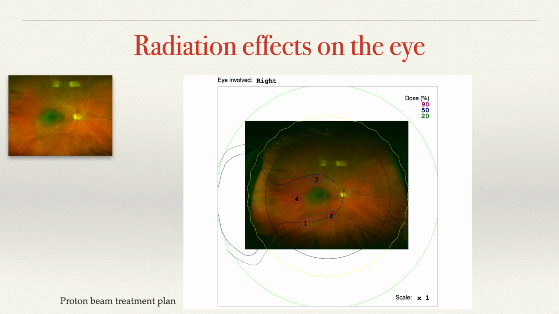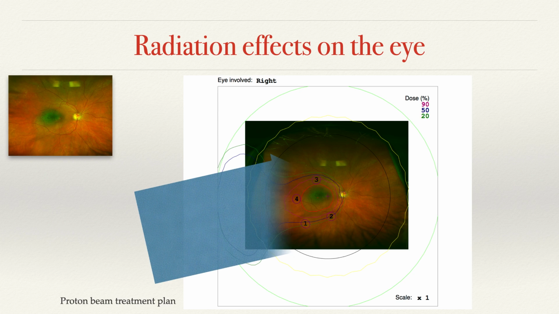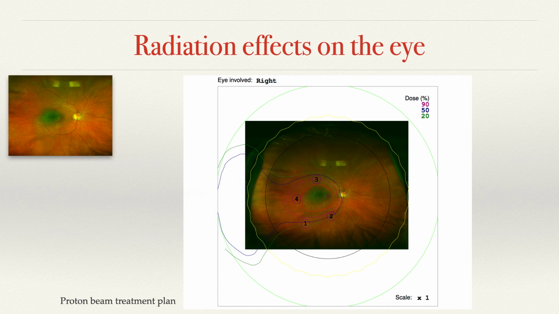If you think of the proton beam entering the eye coming from the side, it will hit quite a bit of retina on its way to the choroid at the back of the eye where the tumor is. You can see that here in the rings that are painted onto the picture. The red one is the 100% ring where 100% of the required energy will be focused.